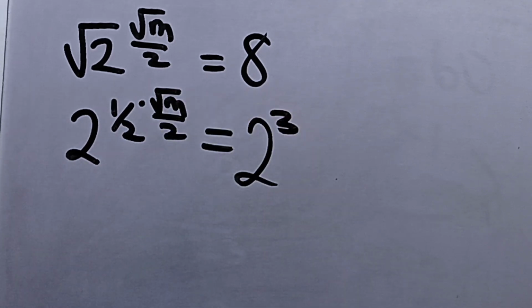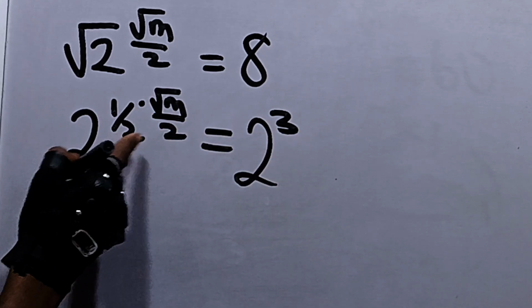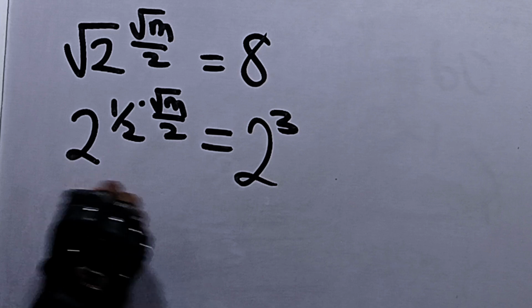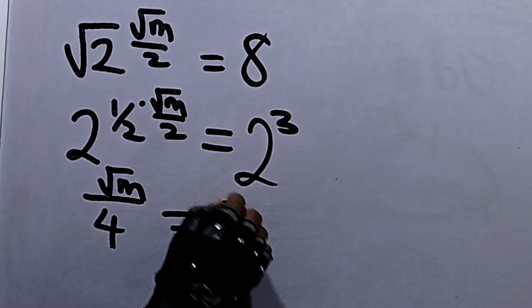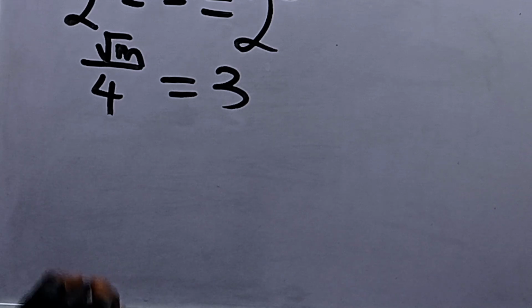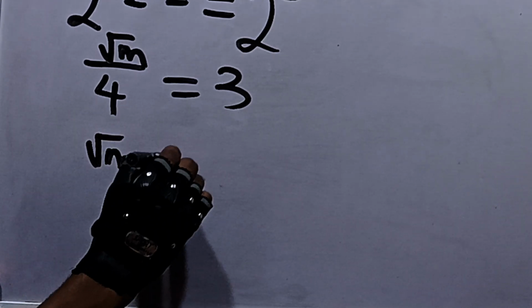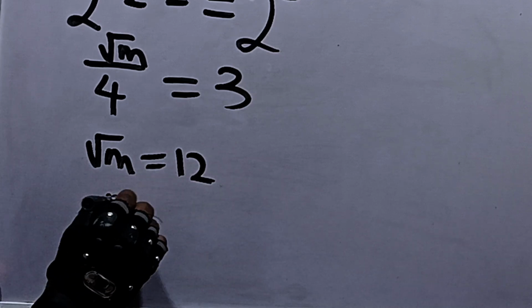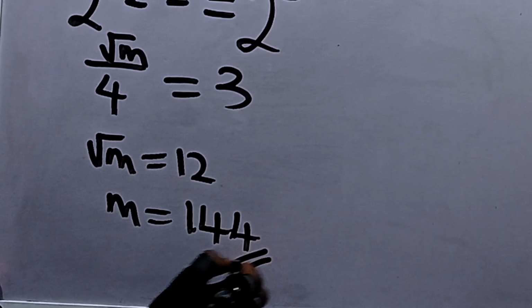Now you're seeing that the bases are the same, so you can equate the powers. 2 times 2 is 4, root of m times 1 is root of m, so the power root of m over 4 is equal to 3. From here, root of m is equal to 4 times 3, which is 12. Hence our m is equal to 12 squared, which is 144. So this is m.